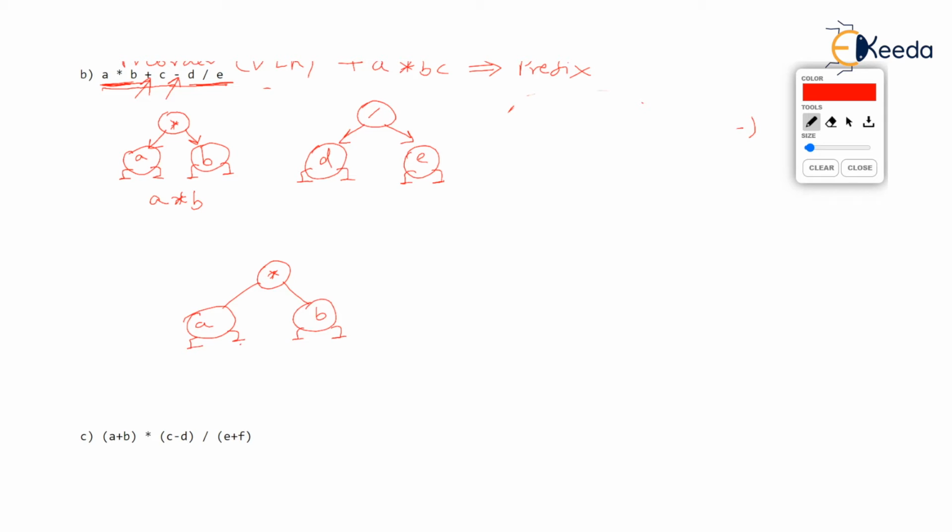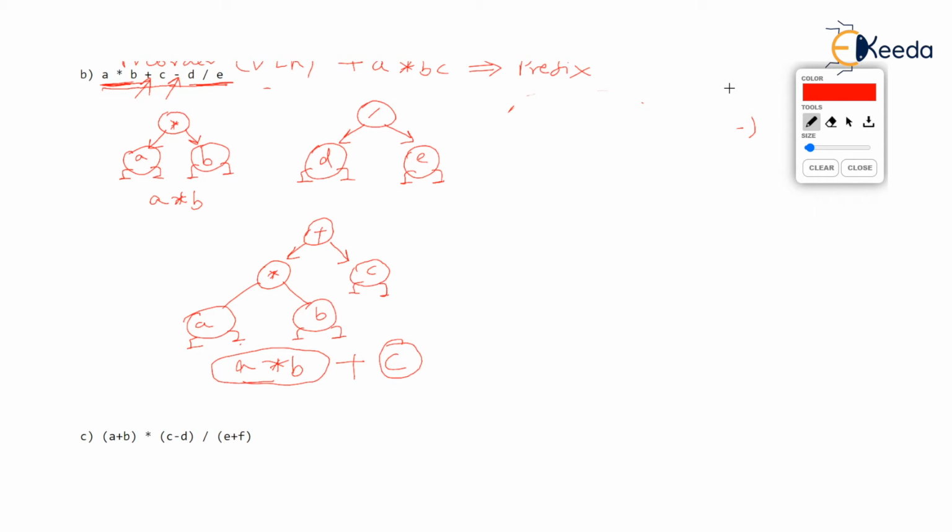So let's make a node C. It will be leaf because it is an operand. And A into B has to be added with C. Check this. So the plus, the operator should be non-leaf and left of plus should be pointing to A into B and right of plus should be pointing to C. It's so simple.